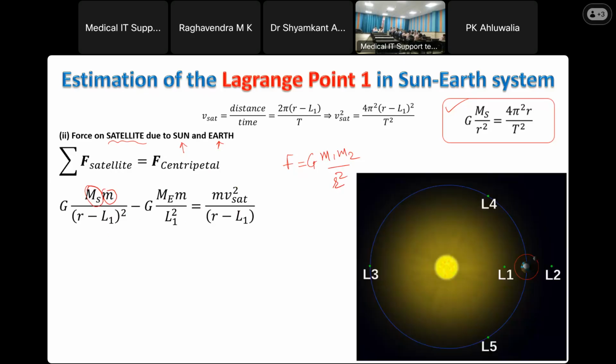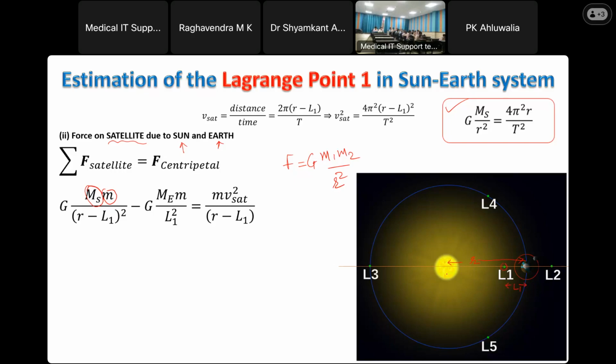Actually, in that diagram here you can observe that this is the point where L1 is located, and r is the radius starting from center of Sun to center of Earth, and L1 distance I'm calling this between Earth and this point.